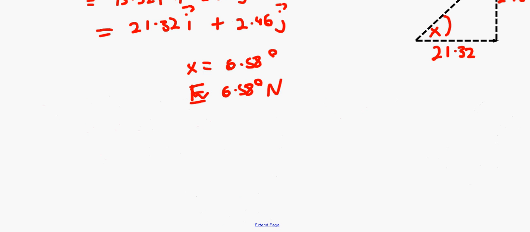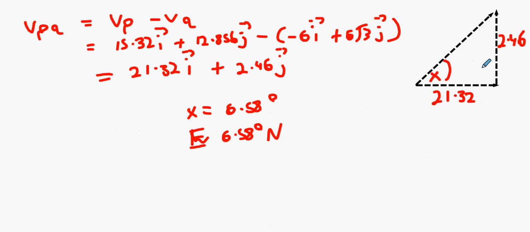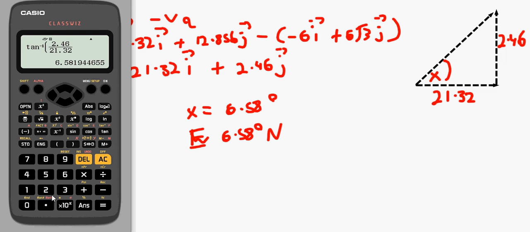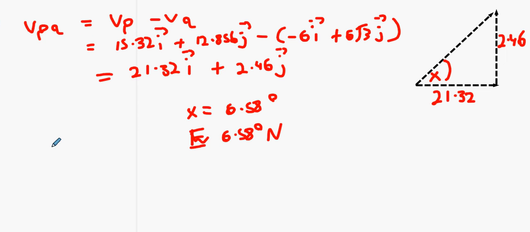Its magnitude will be Pythagoras' theorem: 2.46 squared plus 21.32 squared. Square root the answer, and you get 21.46. Is it kilometers per hour? Kilometers per hour.